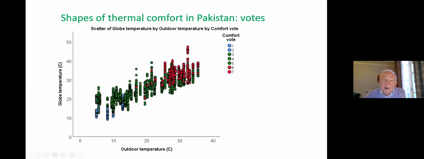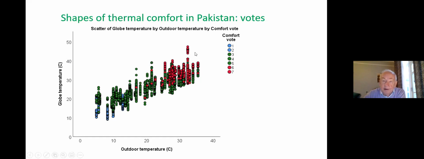And if we look at whether the people are comfortable or not, you can see that red is hot. So there's a lot of hot people at this end, and blue is cold, and there are a lot of cold people down this end. But nevertheless, the indoor temperature ranges from 10 to something like 40.